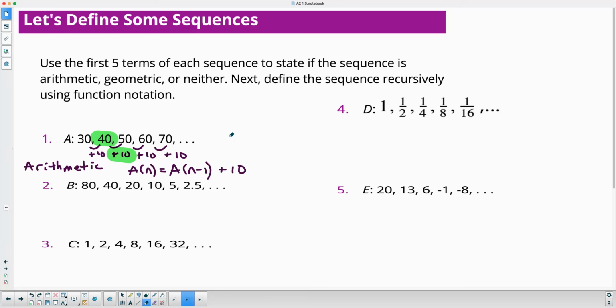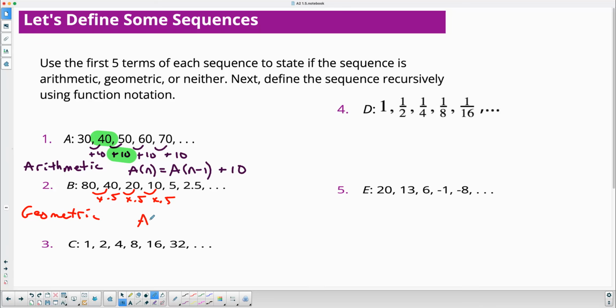All right, let's go to number 2. It looks like we are multiplying times 1/2, 1.5, however you want to do it. So that would make it geometric.